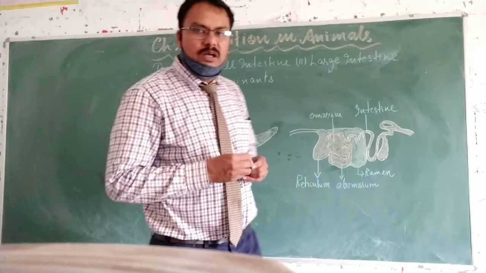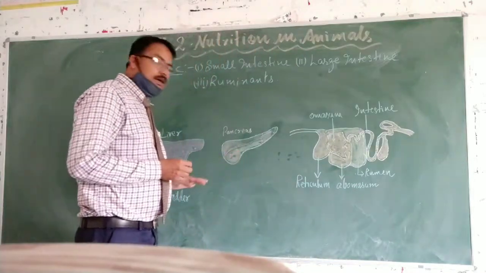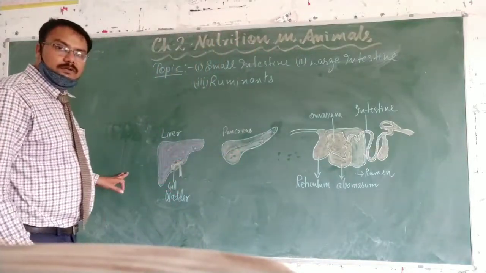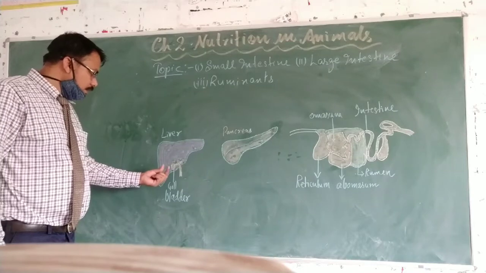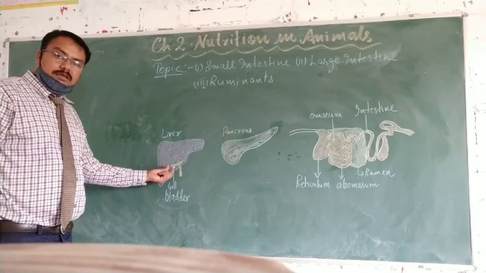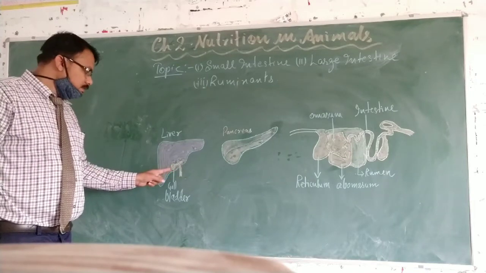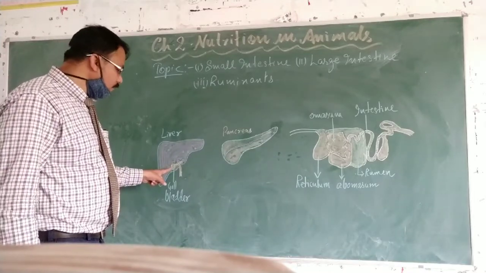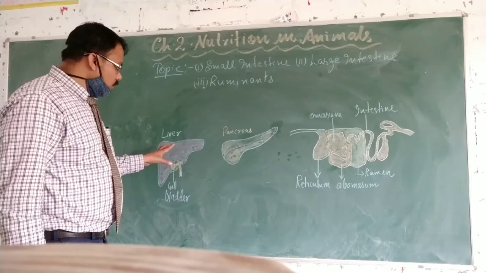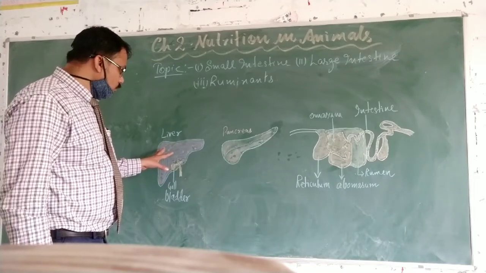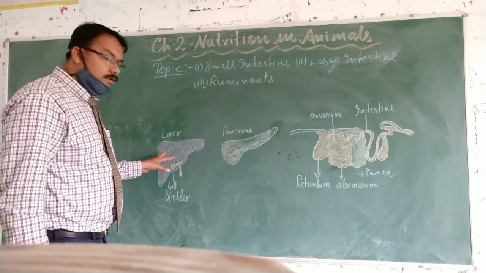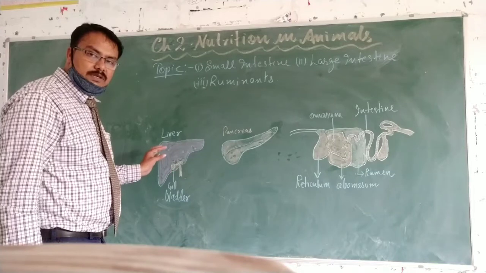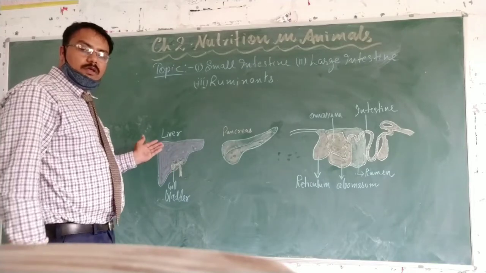Just now, you can see here I have drawn the figure of the liver, and inside this you can see the figure of the gallbladder I have drawn. What does the liver release, the digestive enzyme named what?